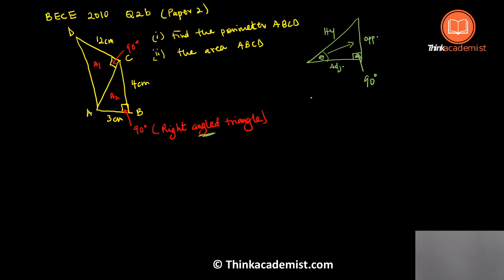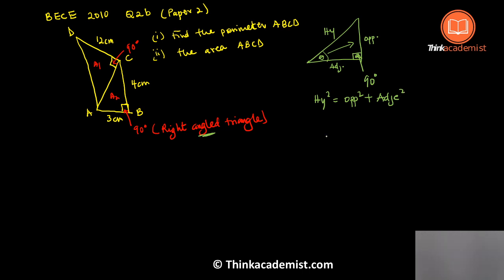Now, the Pythagoras theorem, which I discussed last week, says that opposite square plus adjacent square should be equal to the hypotenuse square. So hypotenuse square equals opposite square plus adjacent square.